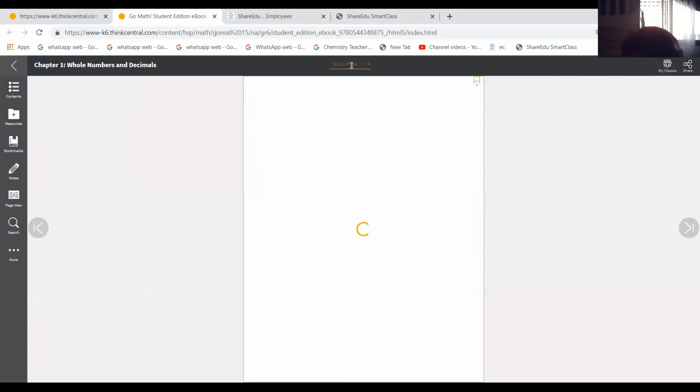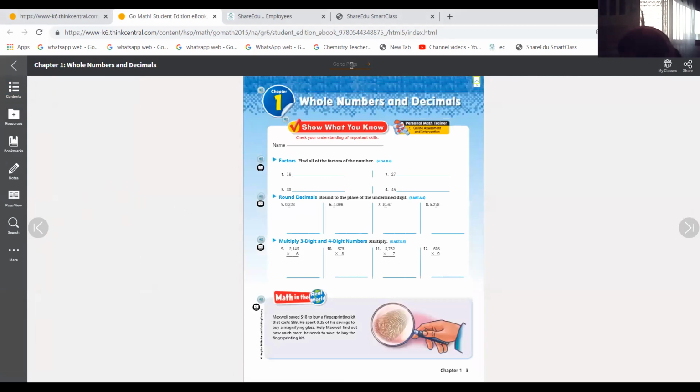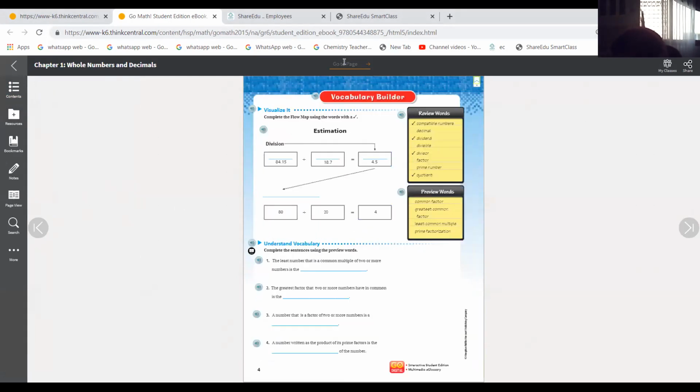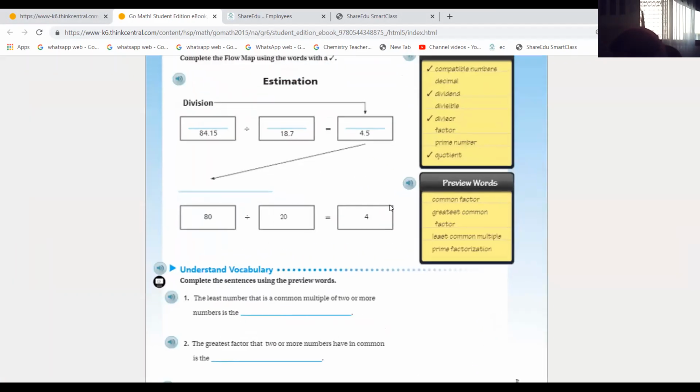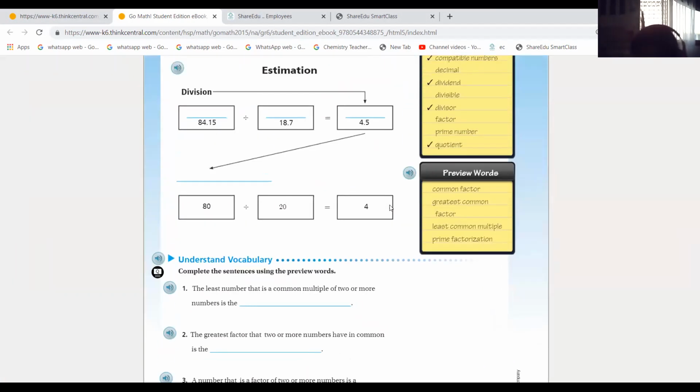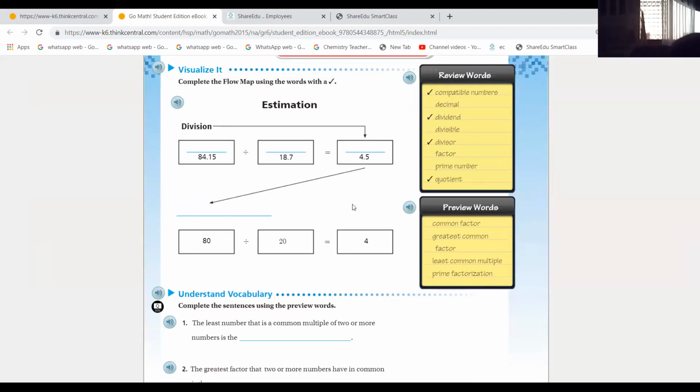Yes, we finished with page 3, and then page 4. We finished with the least number, the common factor, the greatest factor, the least common multiple. I told you about dividend, divisor, quotient, remainder. This we have all done before in our class.